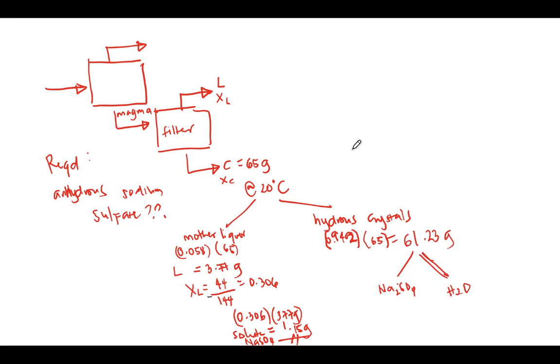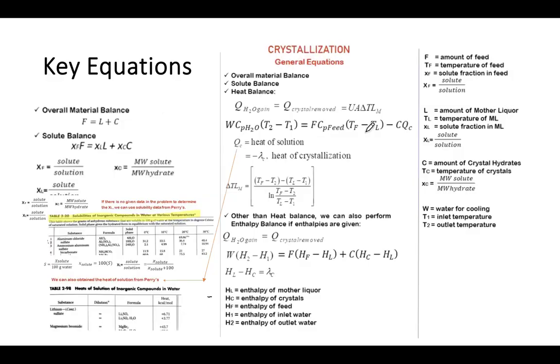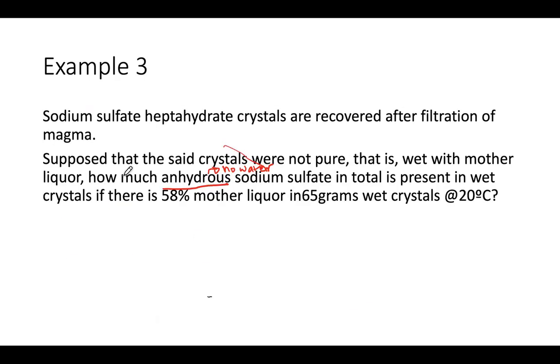So, in order to get the anhydrous part of your crystals, you need to determine XC. XC is not 100% because, again, hydrous crystals are indicated. So determine the XC. We have the formula from earlier: the molar weight of your solute divided by the molar weight of your hydrate.